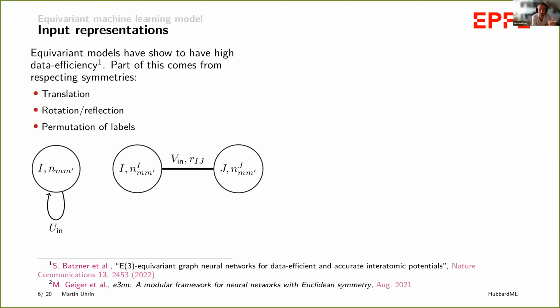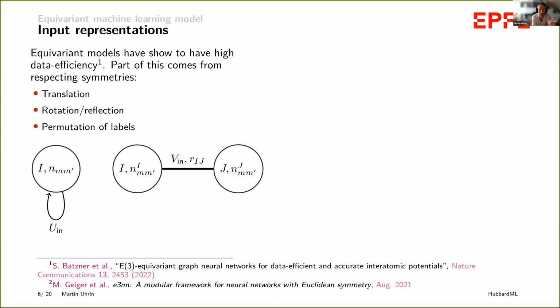The reason we do this is because this is a very natural way to encode the equivariance to rotation. And we can use this package E3NN that we've been developing with colleagues, which can take these irreps, or irreducible representations, as inputs. So if we do this, we automatically respect the rotational invariance or equivariance of our system.